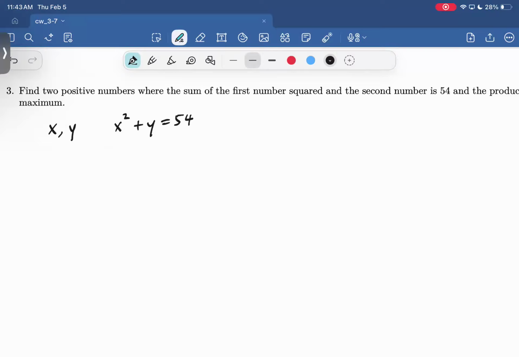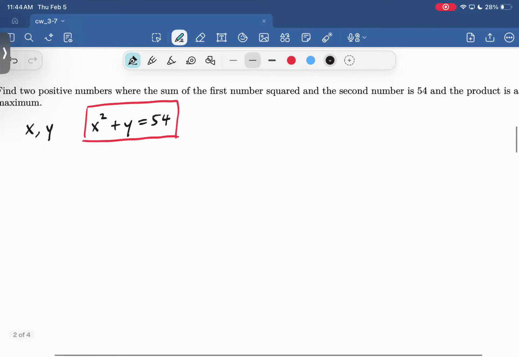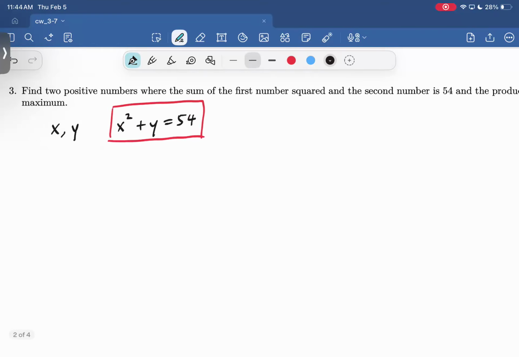Sum of the first number squared and the second number is 54. Okay, so this is our condition. And then our function that we're trying to maximize is the product of x and y. So we're trying to maximize f of x equals xy. Questions up till there?